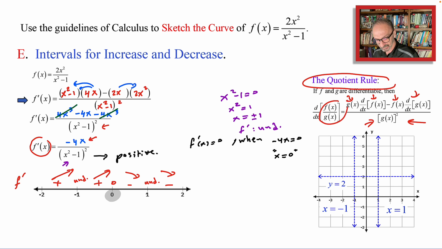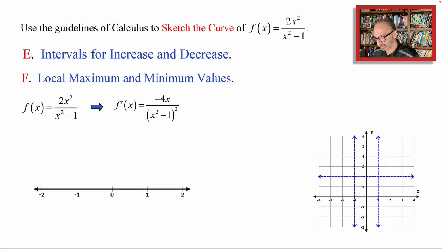To apply that, we go to intervals for increase and decrease and local maximum and minimum values. So we found from the previous page that the derivative is negative 4x over x to the second minus 1, to the second. The denominator is always positive, and in the numerator, if you have a negative, it's going to end up positive, because negative times negative is positive, and that's what we had earlier.